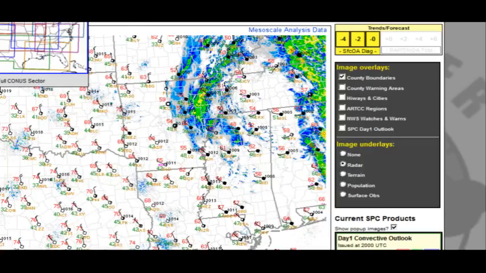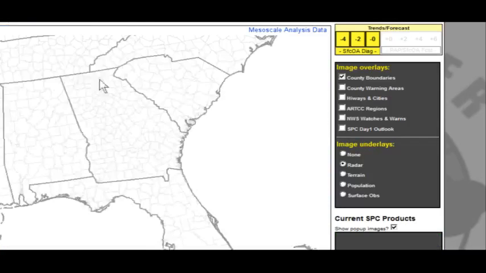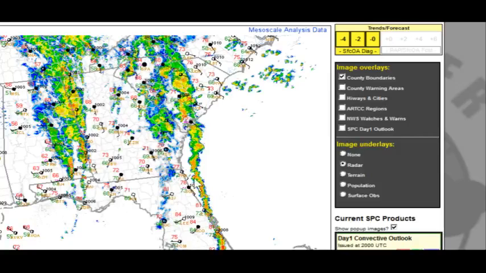Further to the east, we'll change sectors here. And there's a look at Florida, and you can see thunderstorms moving through South Carolina just off the coast of Jacksonville and coming up on Vero Beach and Palm Beach right there.